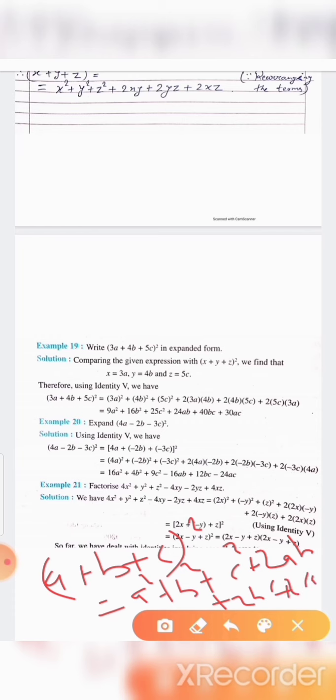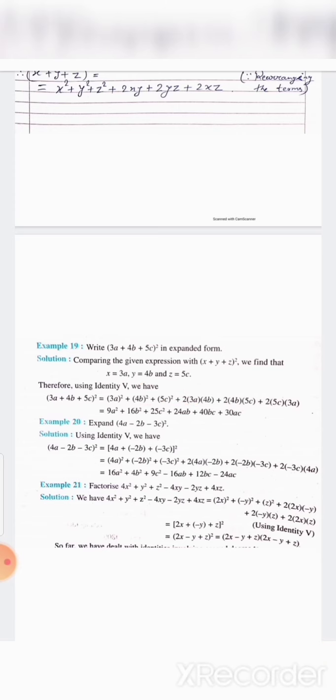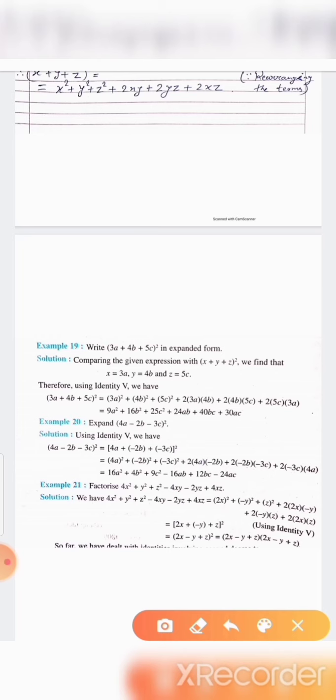Substituting this in our question, first we write our step. Comparing the given expression with x plus y plus z whole square, x is equal to 3a, y is equal to 4b and z is equal to 5c. We write identity number 5, x plus y plus z whole square, and substituting all the values in the RHS we get 3a whole square plus 4b whole square plus 5c whole square plus 2 into 3a into 4b plus 2 into 4b into 5c plus 2 into 5c into 3a.